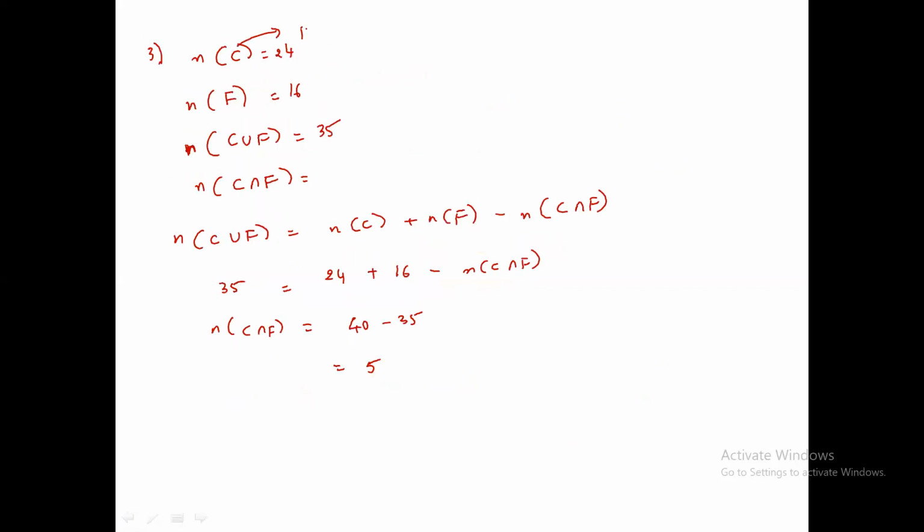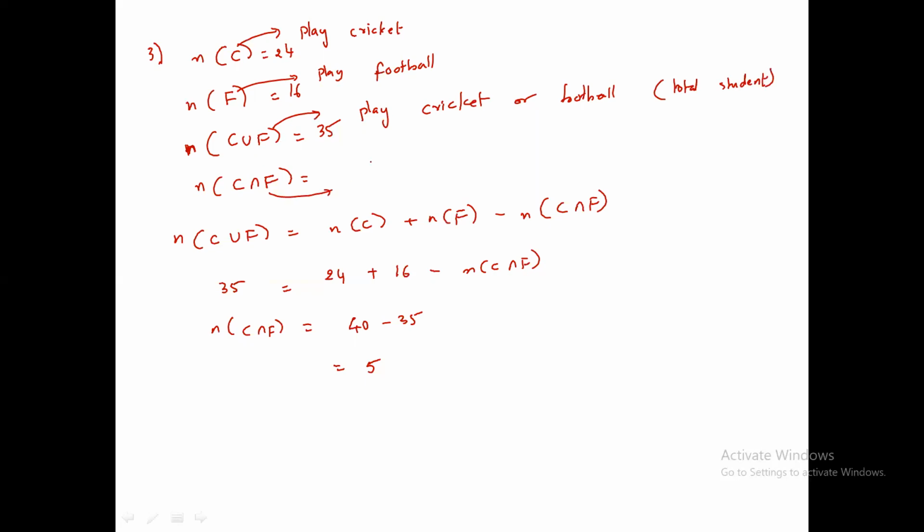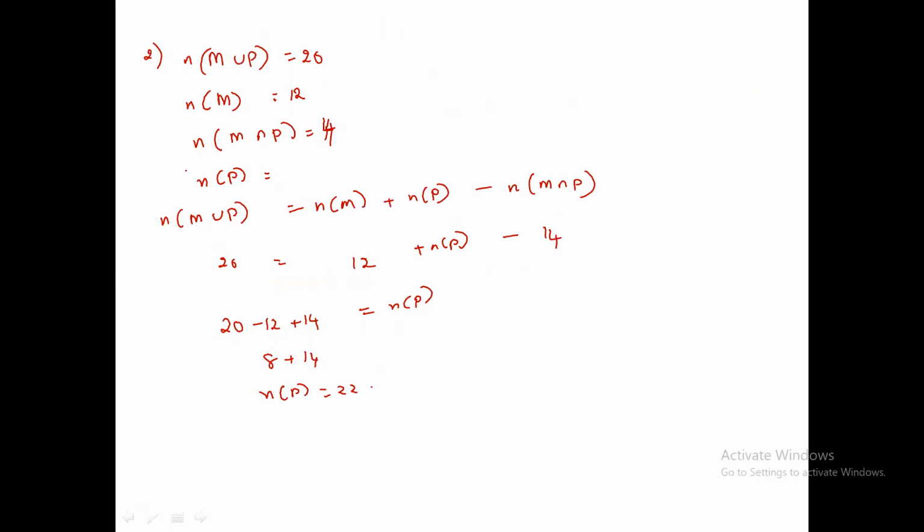Similarly, C means who play cricket. F means who play football. C union F, that means play cricket or football. Or you can say total students. C intersection F means those who play cricket and football. Different meanings.